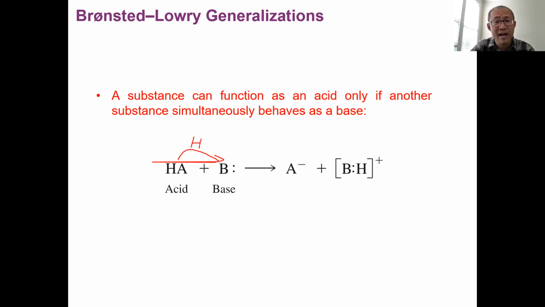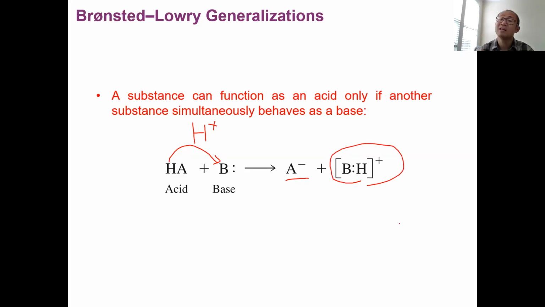So the acid HA donates a proton to the base. Acid HA will become A minus, and the base accepts a proton, so the base will become BH plus. So now you can see where the proton is located. The proton is transferred from the acid to what? To the base.